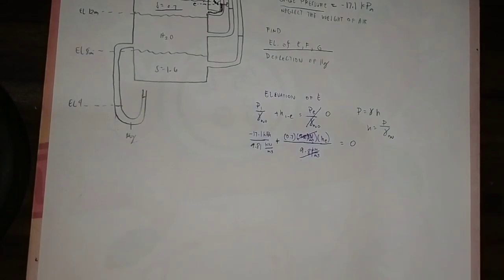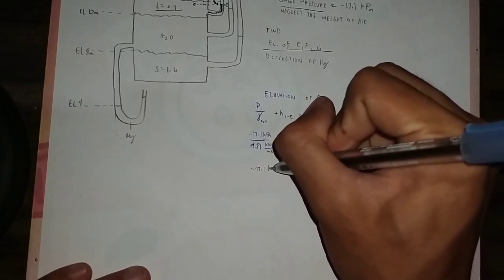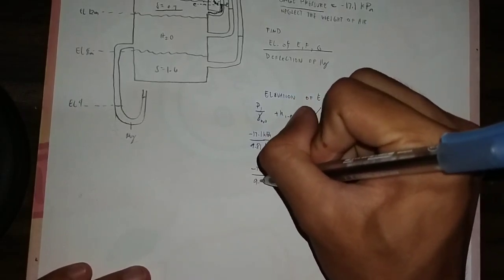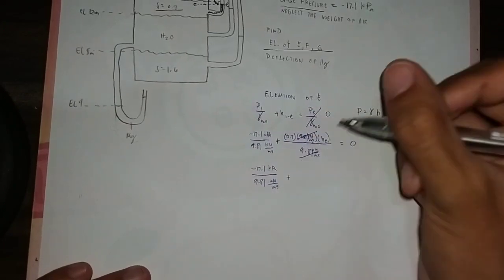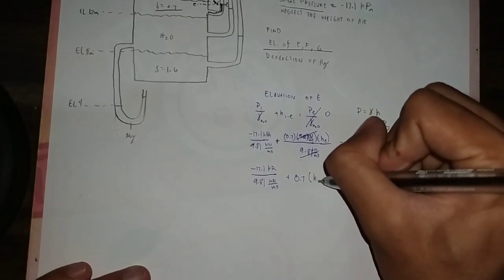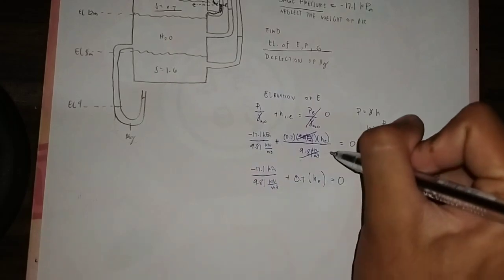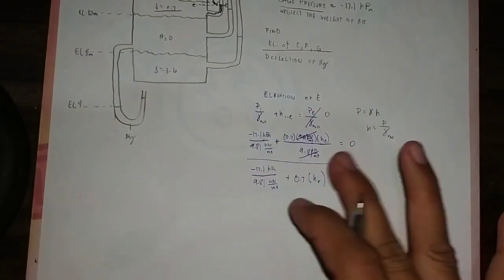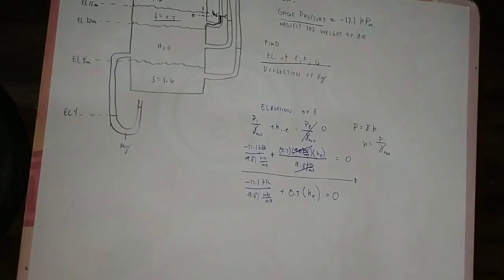We can compress the formula into negative 17.1 kilopascal over 9.81 kilonewton over cubic meter plus 0.7 times the height E is equal to 0.